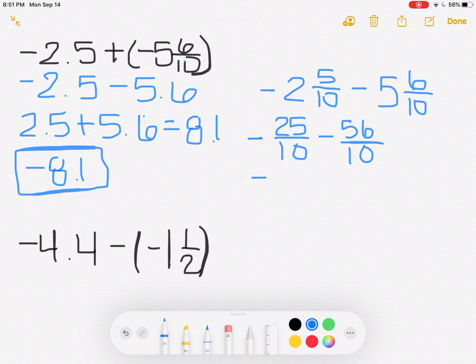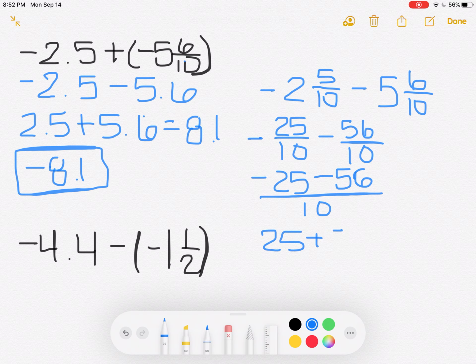So now this is simply subtracting integers, and maybe not so simply. We have a negative and negative here, so I need to add 25 plus 56, and then I'm going to make that sum negative. So 25 plus 56, we get 81.